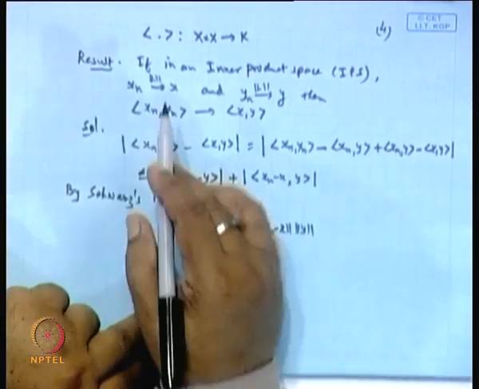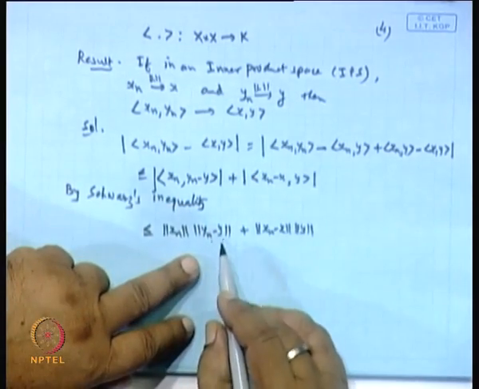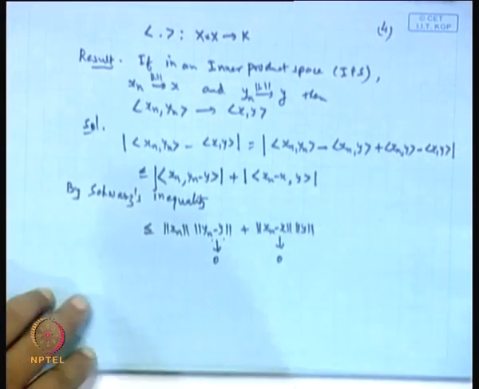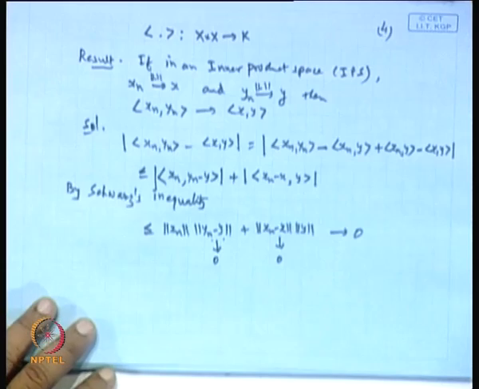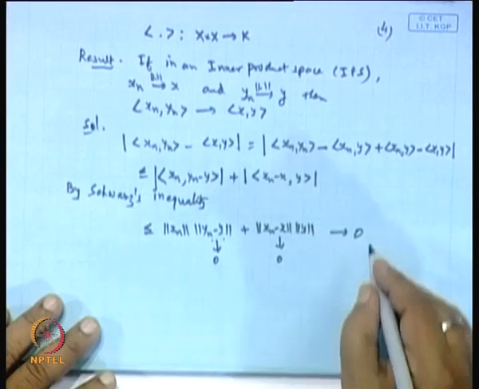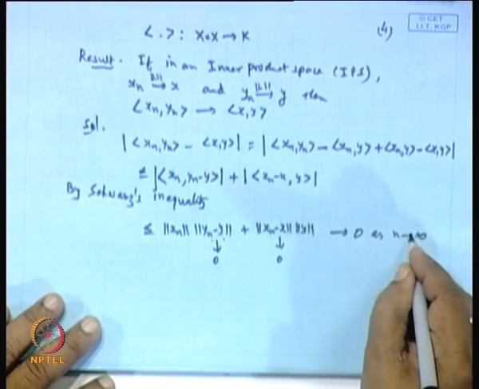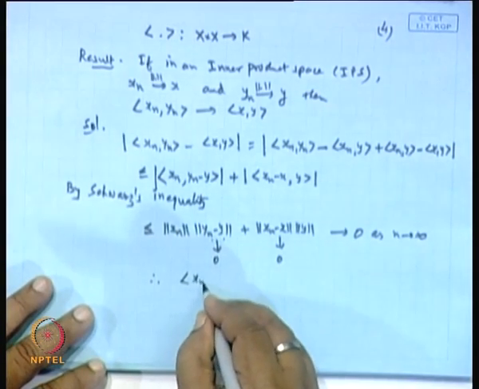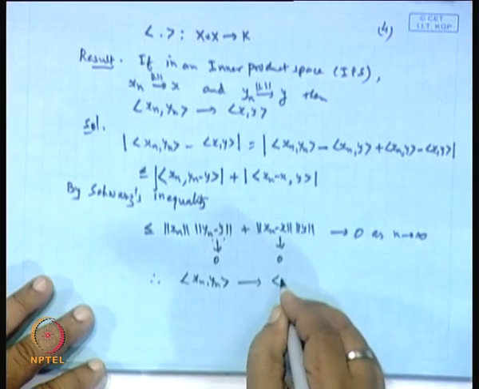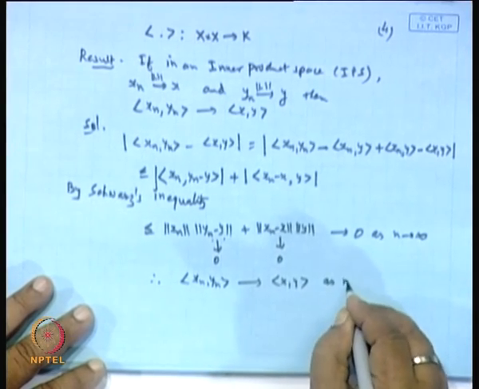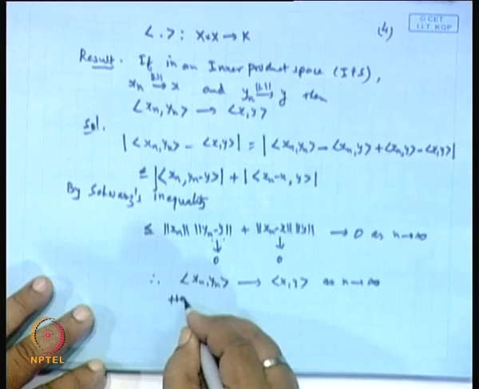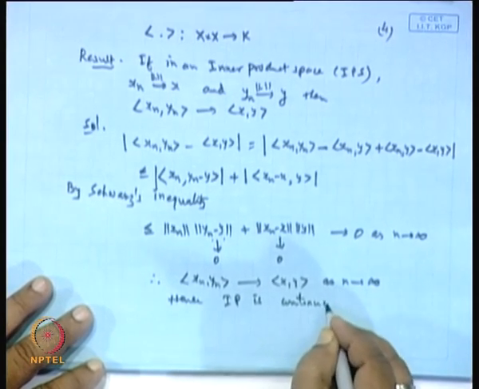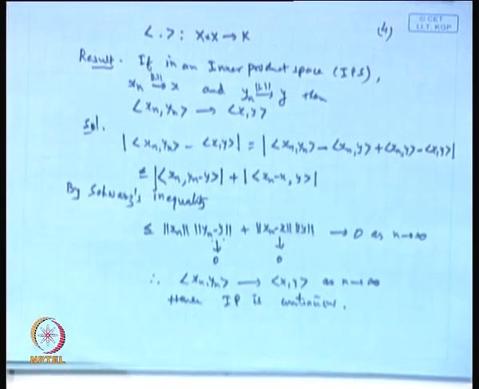Is it not? So in total it will go to 0, clear, as n tends to infinity. Therefore, this sequence (x_n, y_n) converges to (x, y) as n tends to infinity, hence inner product is continuous.